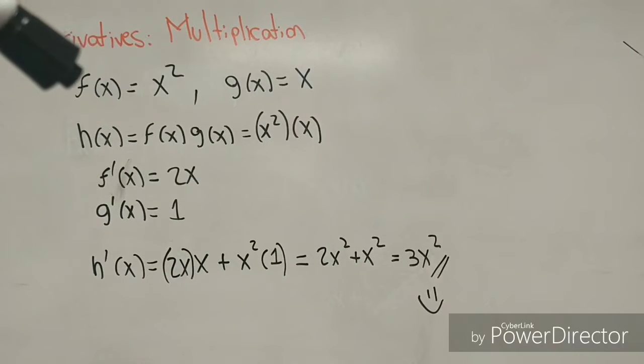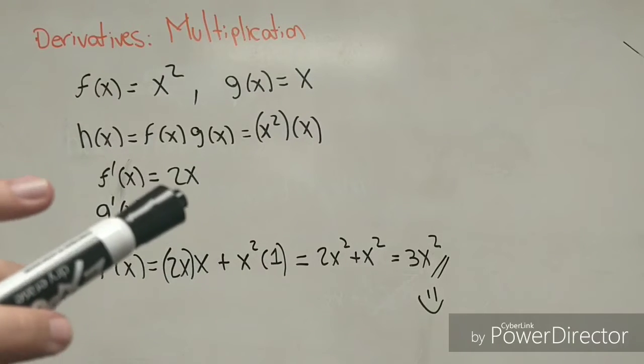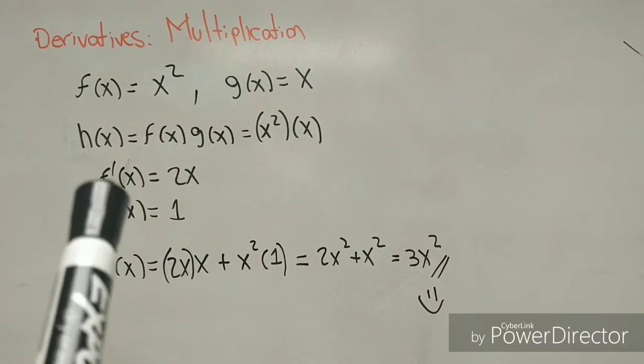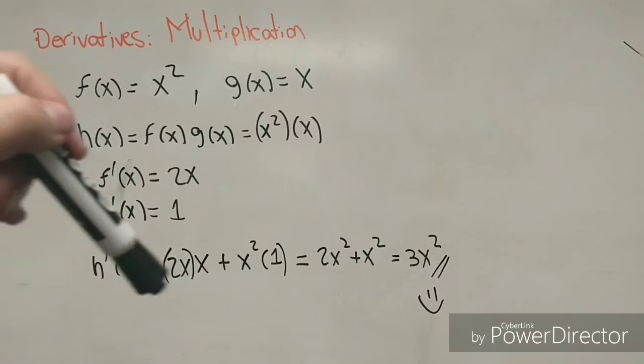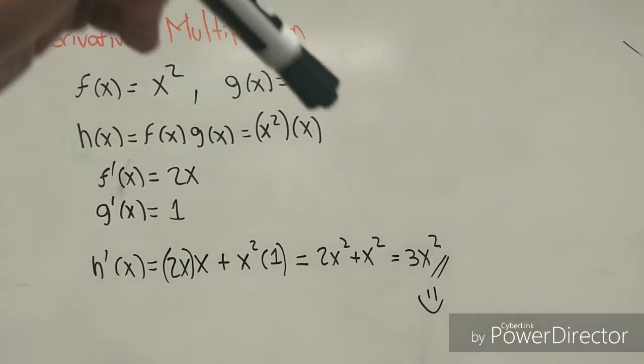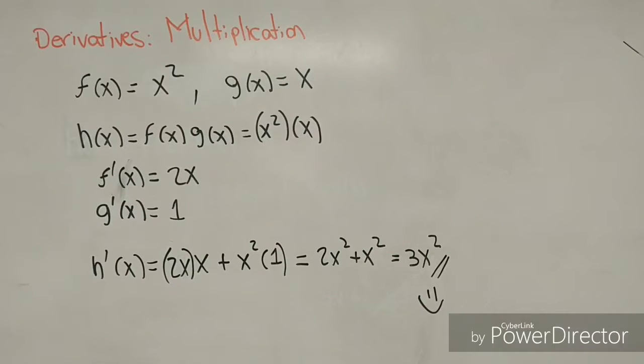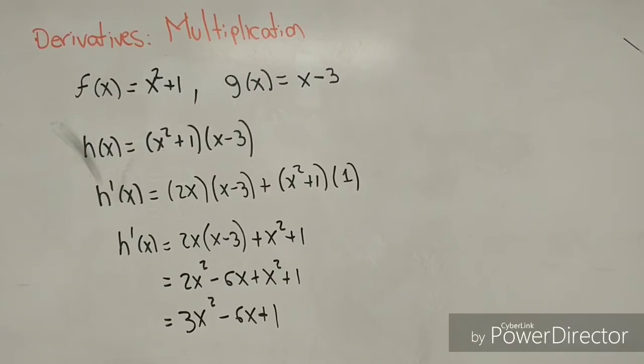So that's a short way to say it, because we already learned in previous chapters about the derivative. But this is the product multiplication using this definition. Okay, and we're going to go through this last example.